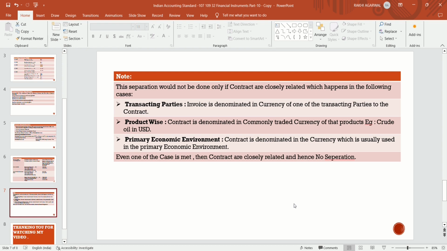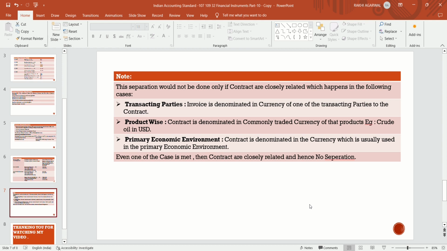But this separation would not be done if the contracts are closely related, which happens in the following cases. Split accounting is not possible if they are closely related. Suppose the invoice is denominated in the currency of one of the transacting parties to the contract, meaning the invoice is prepared during the whole year in the same currency from one of the parties; in that case split accounting is not possible.